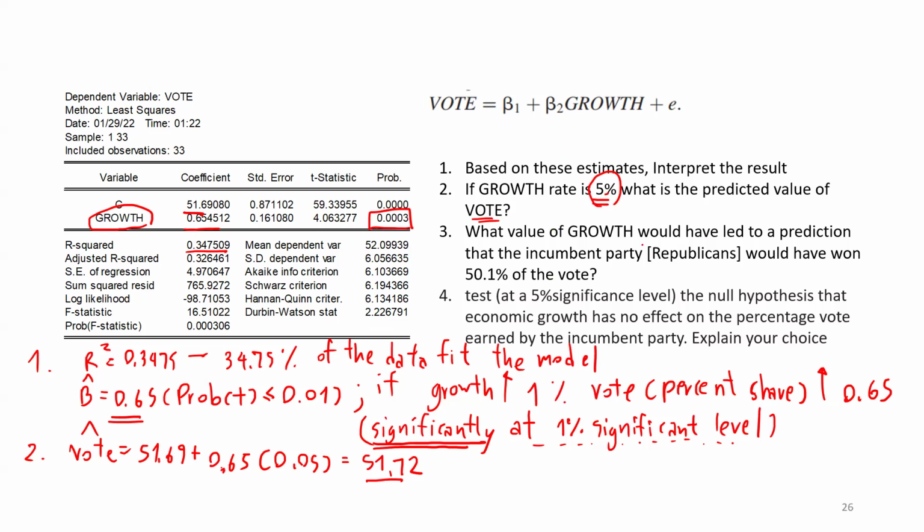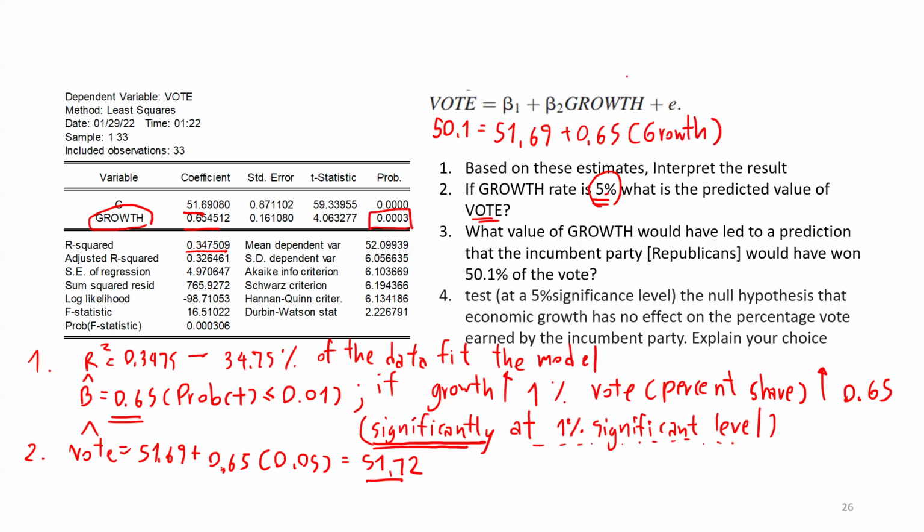Question 3. What value of growth would have led to a prediction that the incumbent party, the Republicans, would have won 50.1% of the vote? Instead of filling in the vote, you fill the vote equal to 50.1 equals 51.69 plus 0.65 times growth.